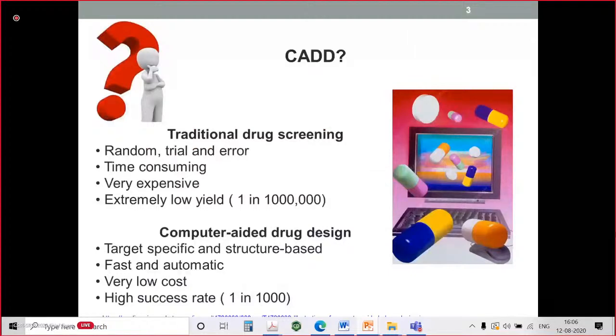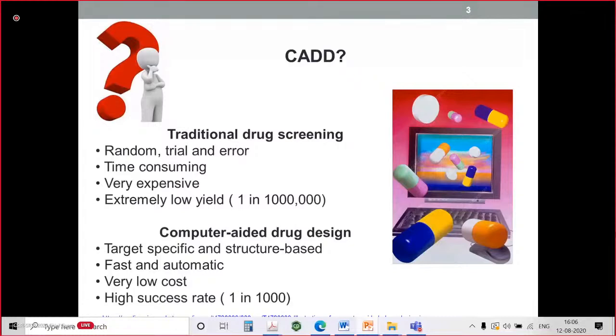If we compare the traditional drug design with computer-aided drug design, the traditional drug design is somewhat random and based on trial and error. So we don't have much logic behind the method adopted in traditional drug design.